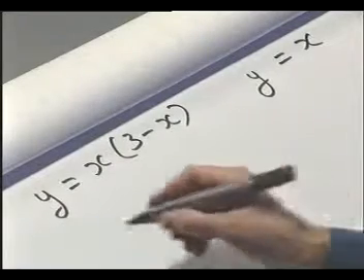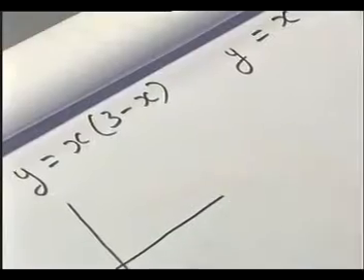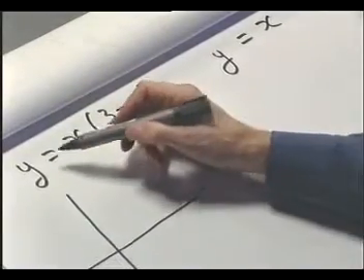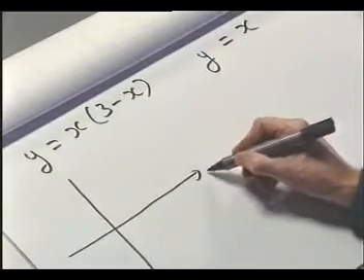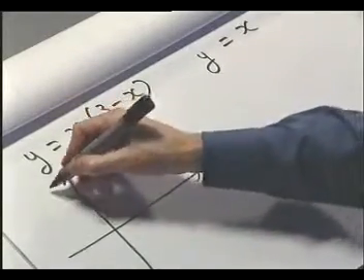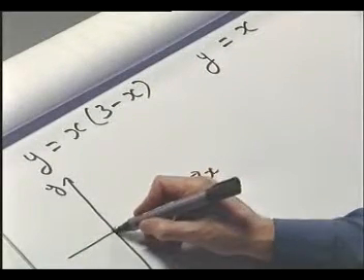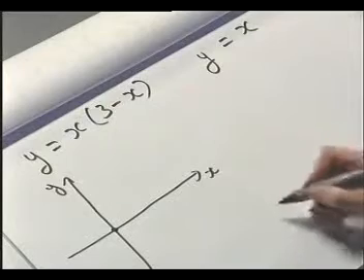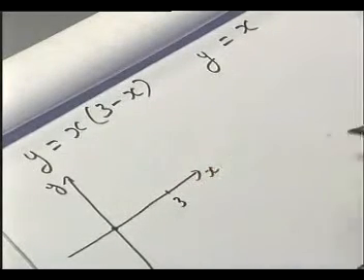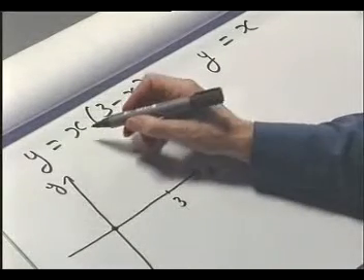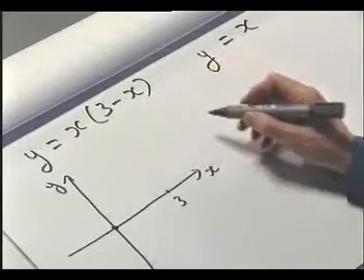Well, let's have a look at a picture just to see what that looks like. If we set y equals 0 again, then that will give us the values of x where this curve crosses the x-axis. Clearly it does so there when x is 0 and also when x is equal to 3. We've also got x times by minus x gives us minus x squared.